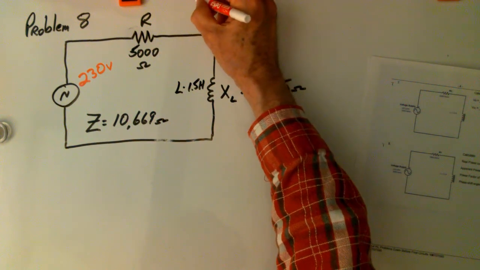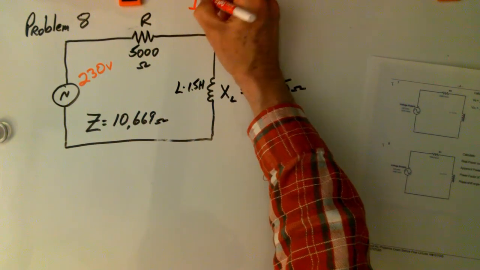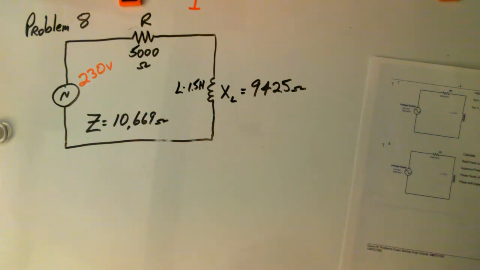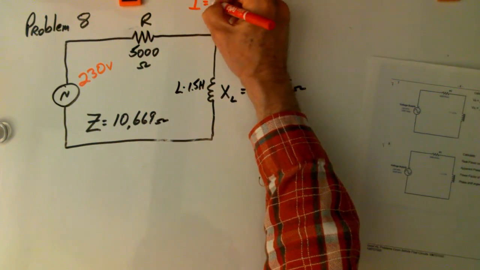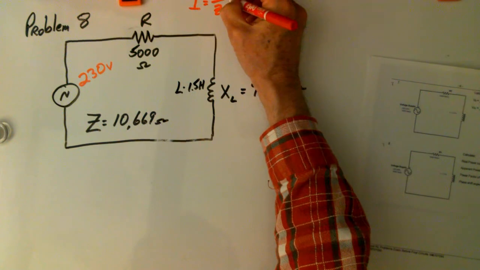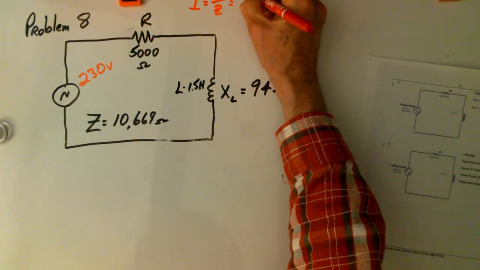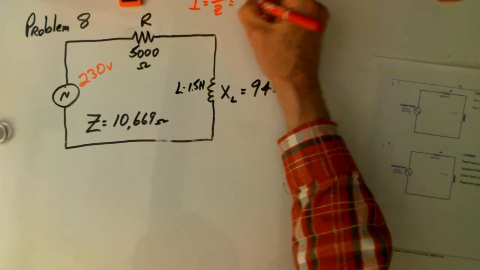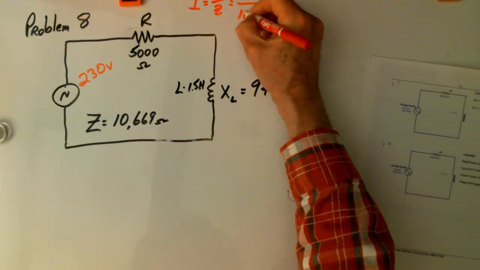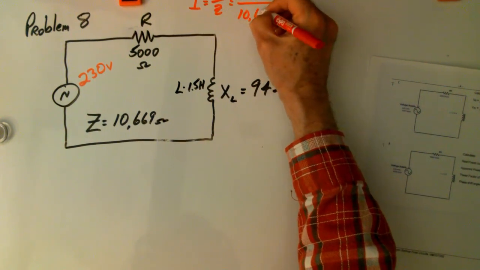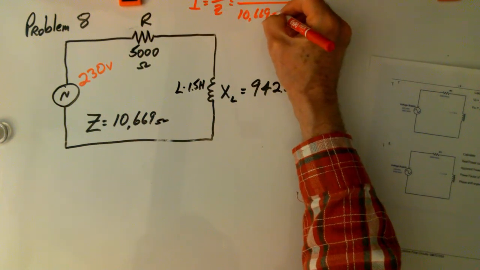Let's say the current in the circuit, which we have already calculated, and I've thrown my paper into the trash, so I'll just continue, is equal to the voltage of the circuit divided by the impedance of the circuit, is equal to 230 volts divided by 10,669 ohms.